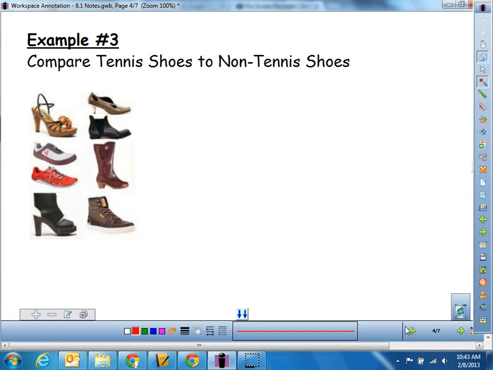So tennis shoes to non-tennis shoes, I need to first identify which ones are tennis shoes. We're not going to be too picky as far as what's truly a tennis shoe and what's not. I'm going to say this one's a tennis shoe, this one's a tennis shoe, and this one is a type of tennis shoe. So we have 3 tennis shoes compared to 1, 2, 3, 4, 5 non-tennis shoes.